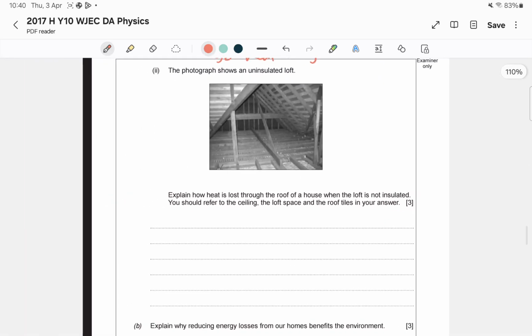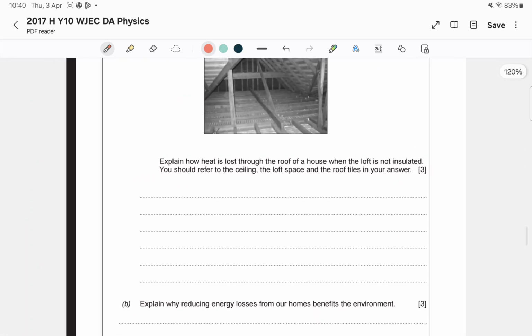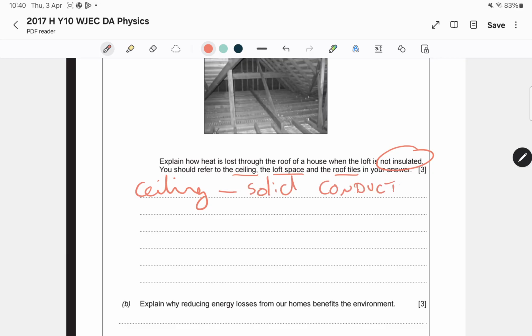So this is an uninsulated loft. Explain how heat is lost to the house when it's not insulated. Refer to the ceiling, the loft space, and the roof tiles. So how does heat get through the ceiling? Well, the ceiling is a solid, so that must be conduction.